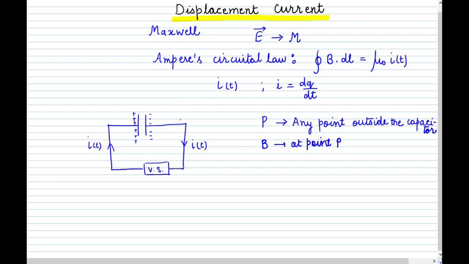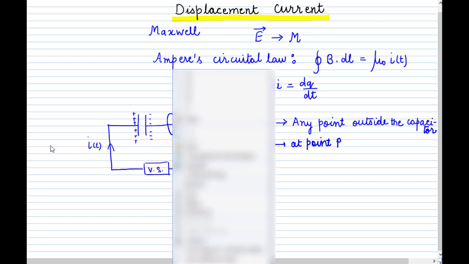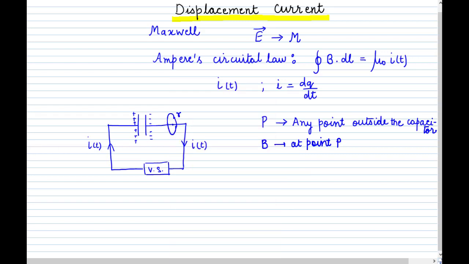So this is our current carrying wire. For example, here we consider a circular loop perpendicular to the current carrying wire, of radius small r, and whose center is symmetrical with respect to the wire. That means it has symmetry on both sides, so the center lies on the wire itself.